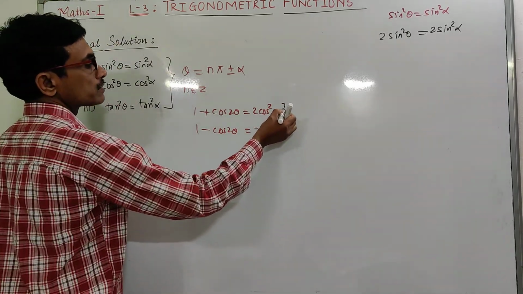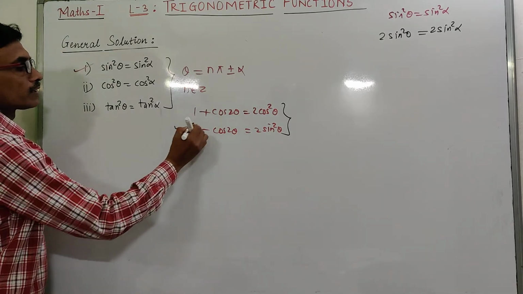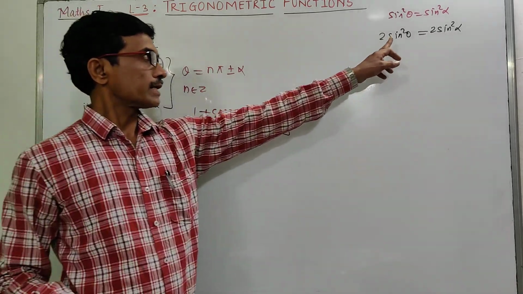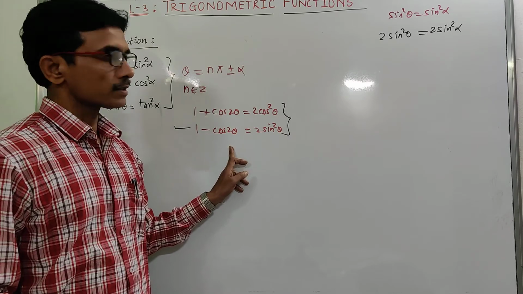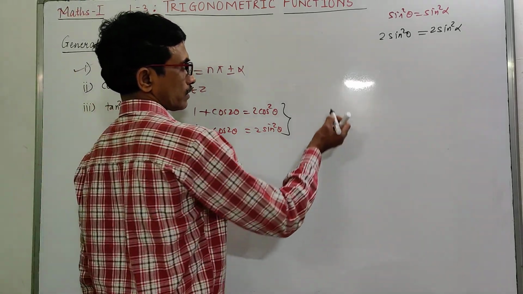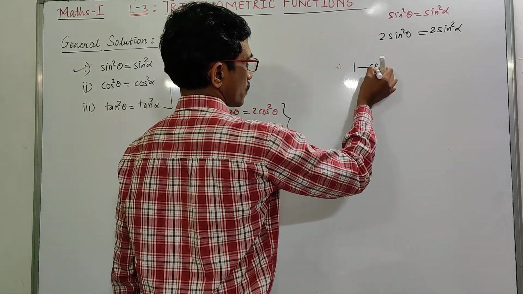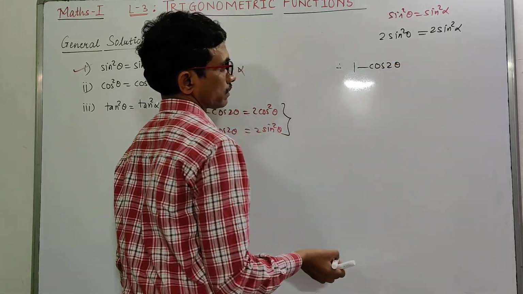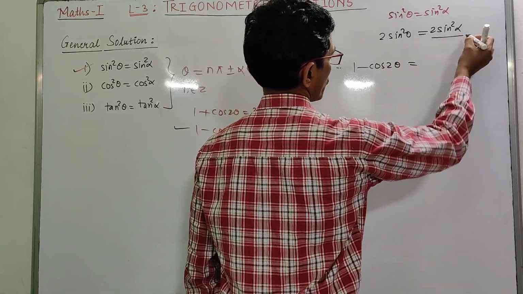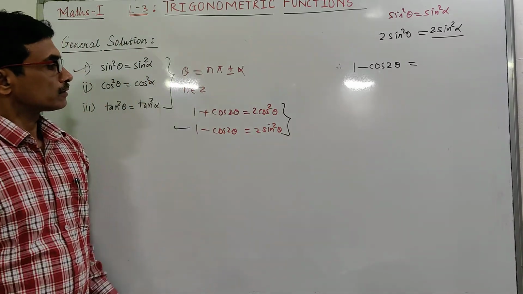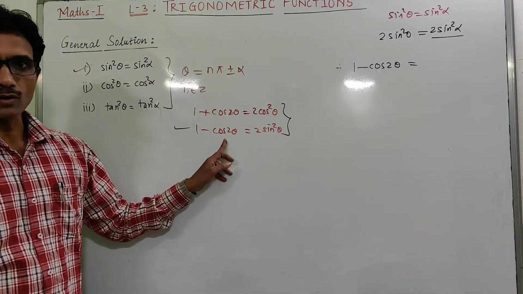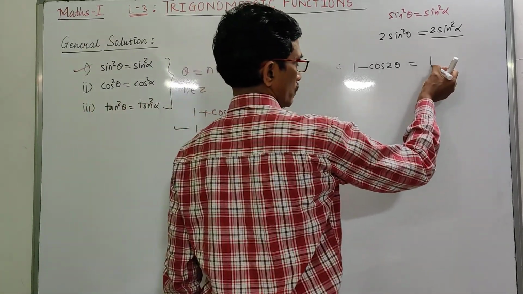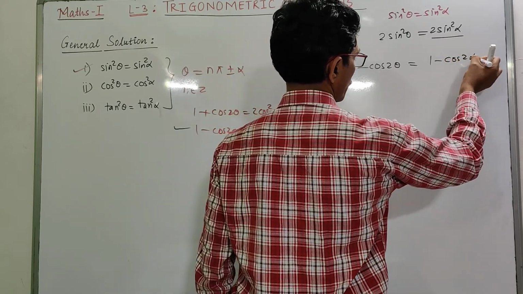So we apply this second one here. 2 sin square theta, we will write 1 minus cos 2 theta. Therefore 1 minus cos of 2 theta, and on the right hand side 2 sin square alpha is 1 minus cos 2 alpha.